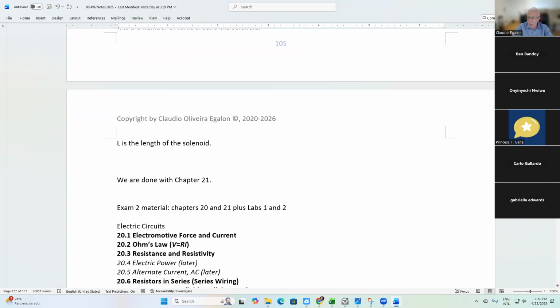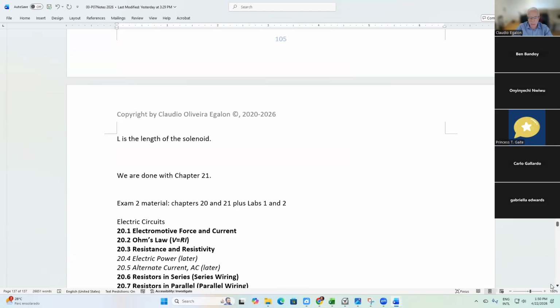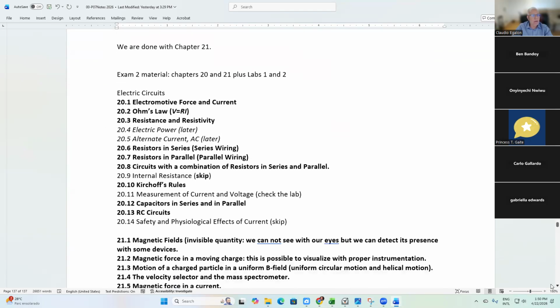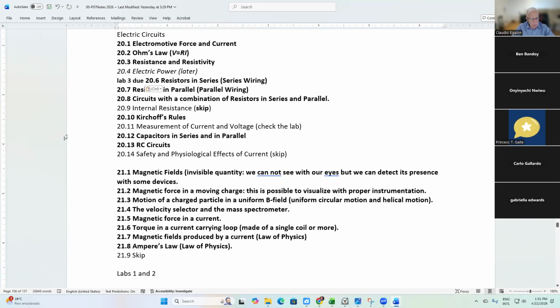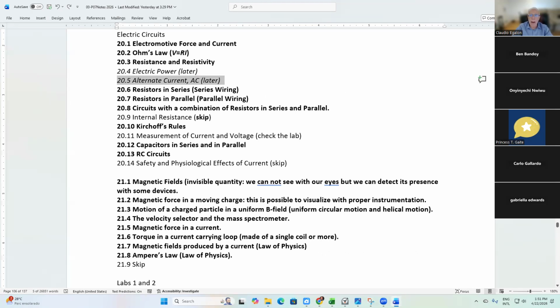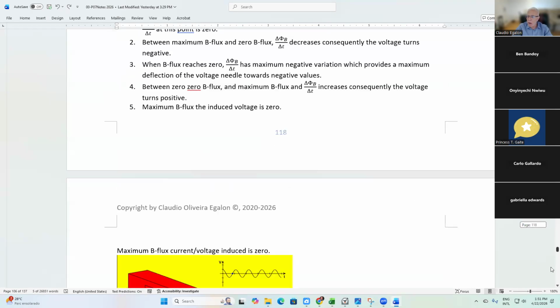Right in here. Okay, electric circuits are here. Note that they covered the electric circuit before they covered the generator. So we will be covering this material right now.